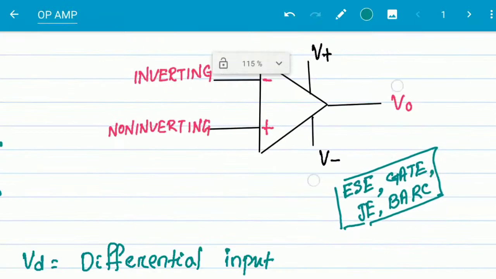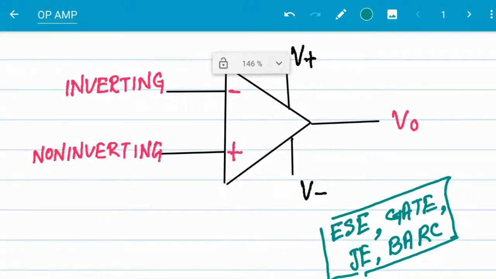So this is the op-amp, and there are 5 terminals of an op-amp in the figure. The negative one is inverting, because if we give a positive voltage to the inverting terminal, we will get the negative of that voltage. So a 180-degree phase difference remains between the inverting terminal input and the output, so this is called the inverting terminal.